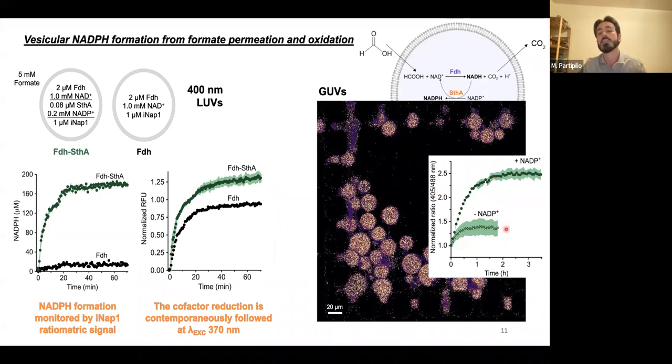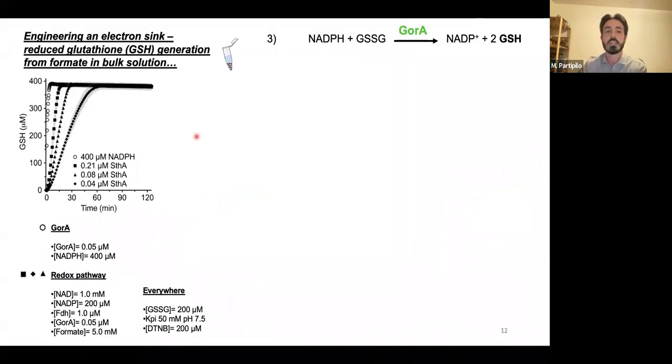Instead, when we tested a condition where everything was included, the two enzymes and NAD plus but not NADP plus, you have only a negligible increase in the ratio, mostly coming from the small increase at 405, because we are still reducing this NAD plus into NADH.